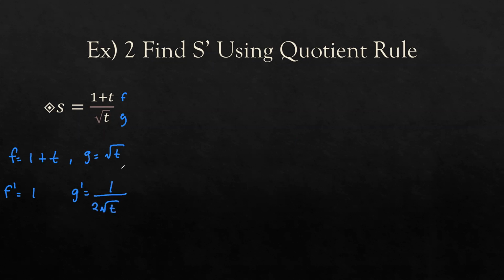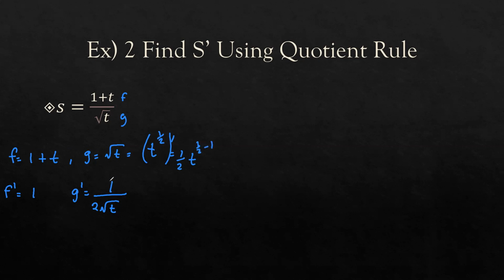This is related to the power rule, because the square root of t is the same thing as t to the 1/2. If you take the derivative, it's 1/2 t, and according to the power rule, it's the power minus 1, so 1/2 minus 1.